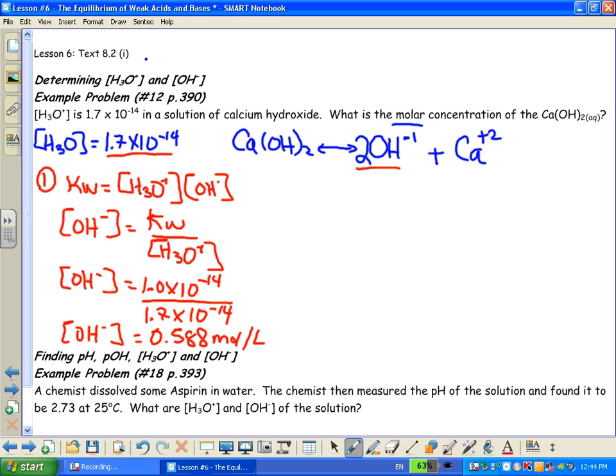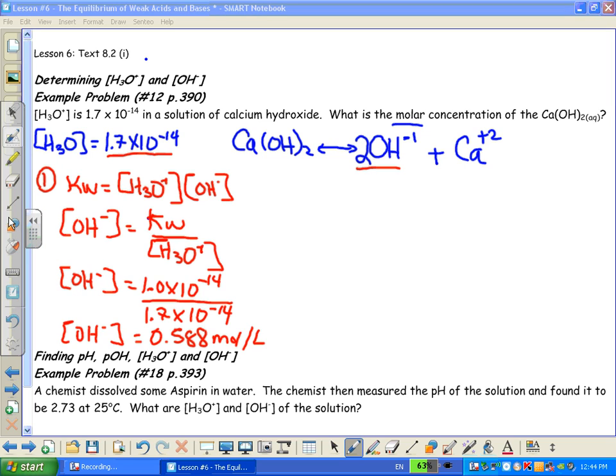So now that we have the concentration of hydroxide, we now need to use that in order to find the molar concentration of our calcium hydroxide. So really, we know that this is 0.588. And what we want to find is the molar concentration of calcium hydroxide. However, if you notice, there's a 2-to-1 ratio.